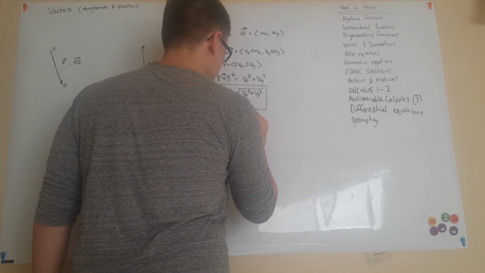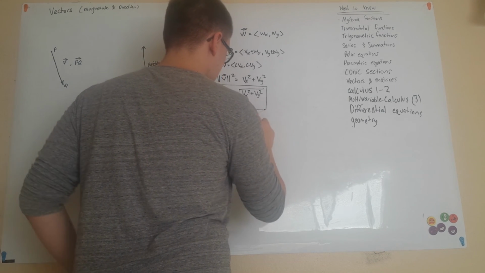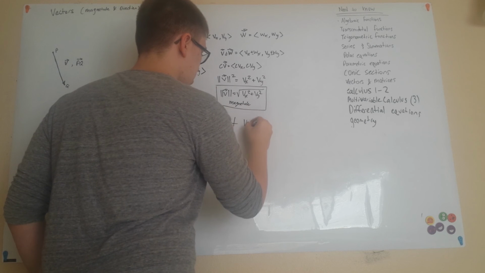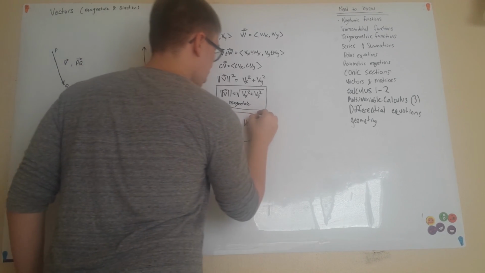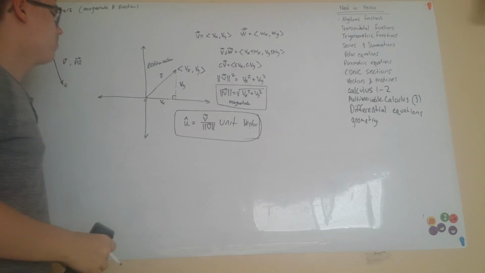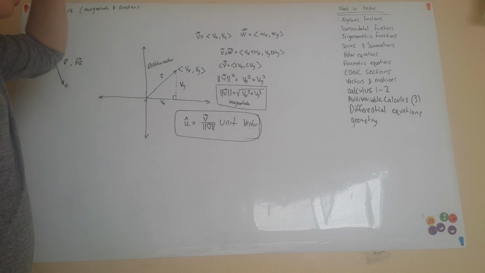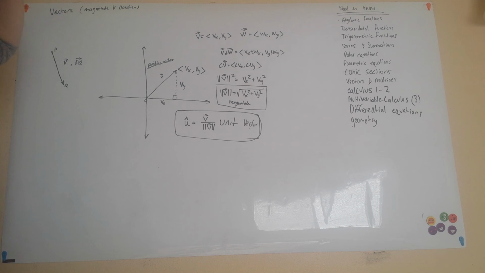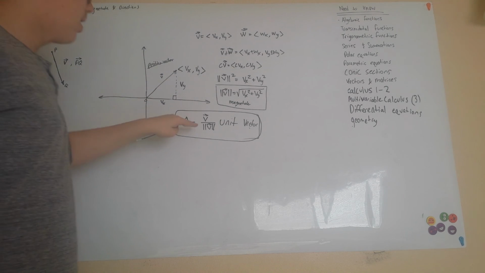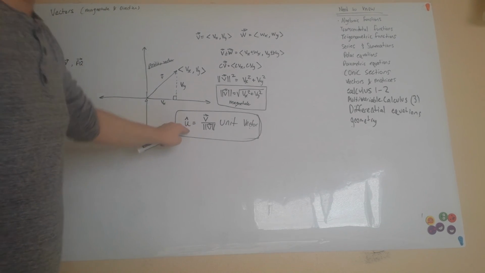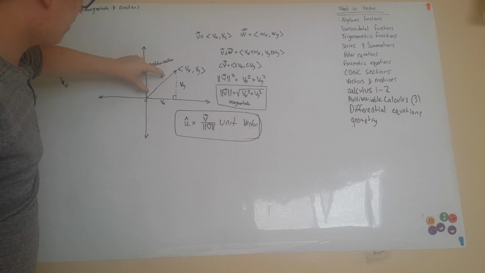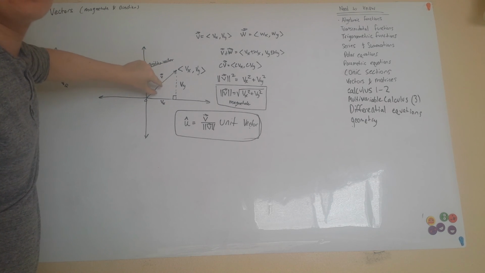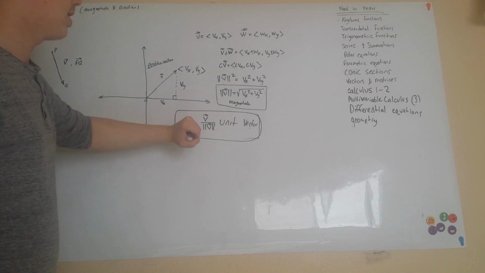And that's the definition of the unit vector. That's how you get a magnitude of 1 off of any vector. So that's how you scale the vector down to its unit vector. That's how you do it right there.